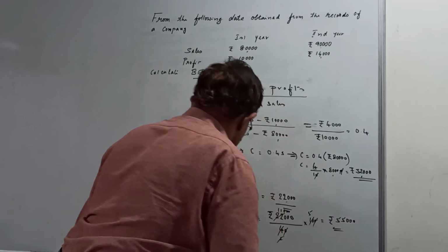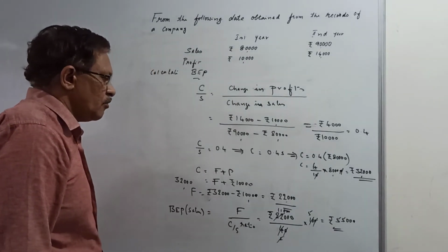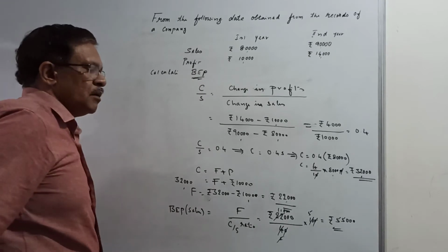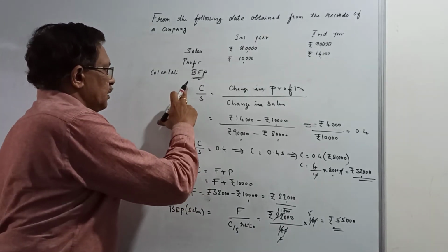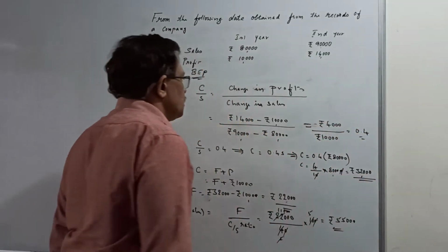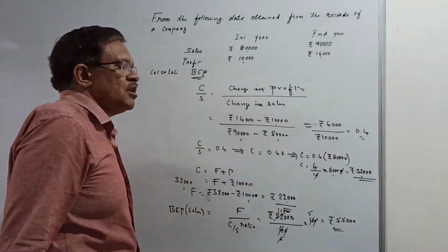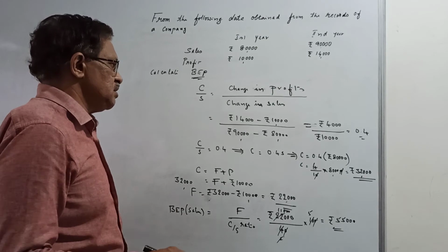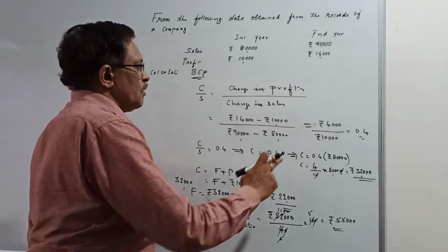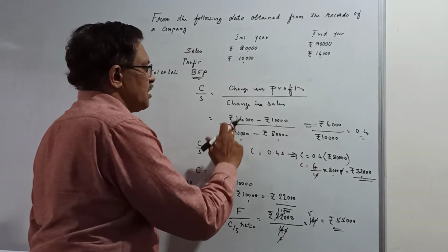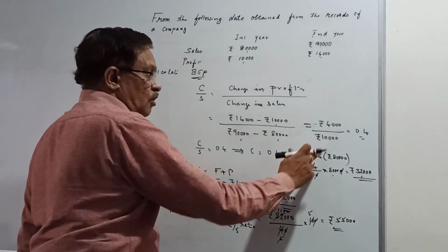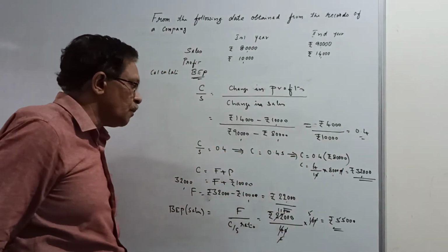So what I have done, we have to find out the break even. First we found the C by S ratio, which is 0.4, because we are using the formula change in profits divided by change in sales. Change in profits is 40,000 minus 10,000, that is 30,000. Change in sales is 90,000 minus 80,000, which is 10,000, which gives 0.4.